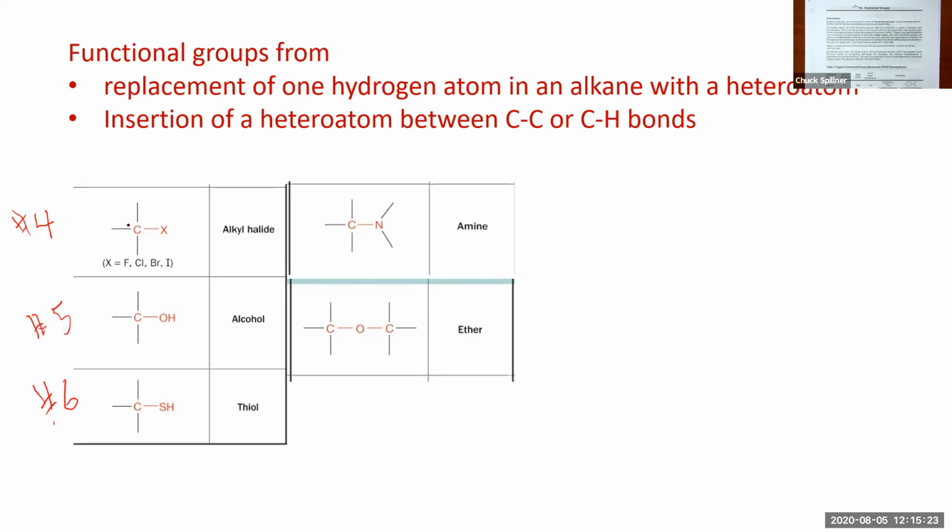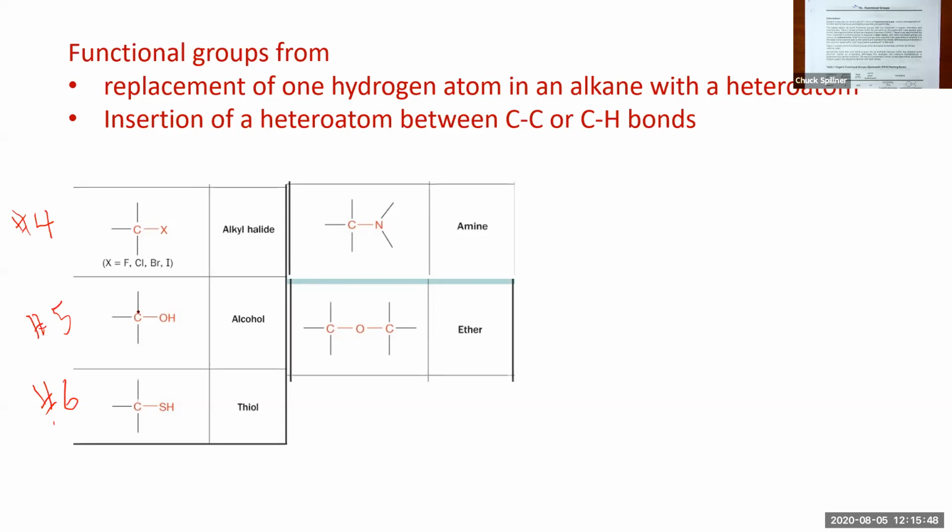So the alcohol is an OH connected to a saturated carbon atom. So we have 4 single bonds to that carbon atom. That's an sp3 carbon atom. If you have an OH attached to an sp2 carbon, it's a different molecule. It's not called an alcohol.